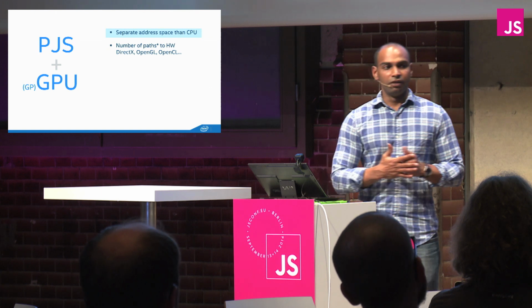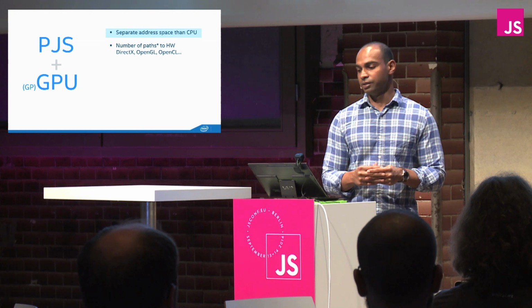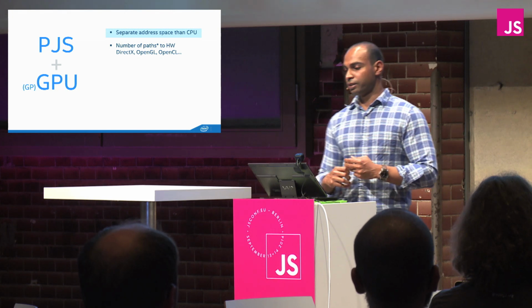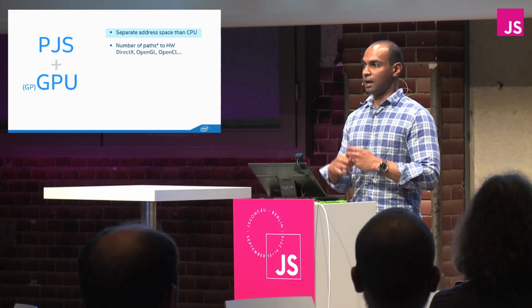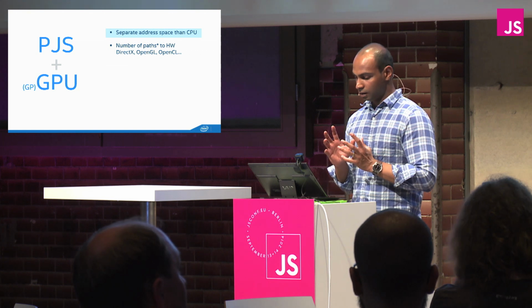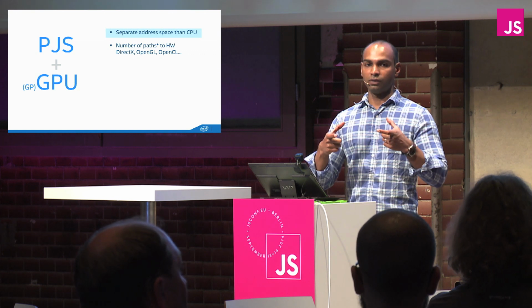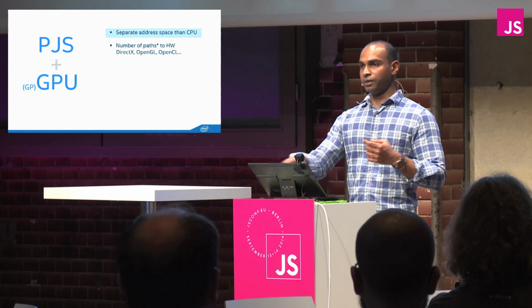Then there are a number of paths to the actual GPU hardware. There's DirectX, there's GLSL shaders, there are OpenCL kernels, and I'm sure there are tons more. Each of these has slightly different semantics, and each of these allows a different subset of JavaScript. So I'm talking about compiling JavaScript to one of these, right?